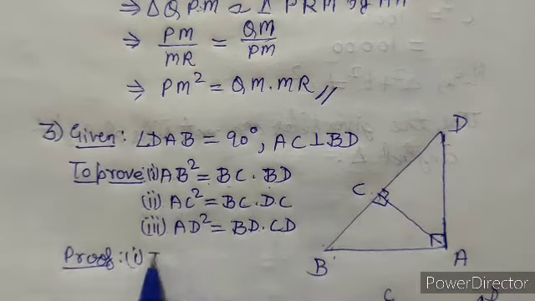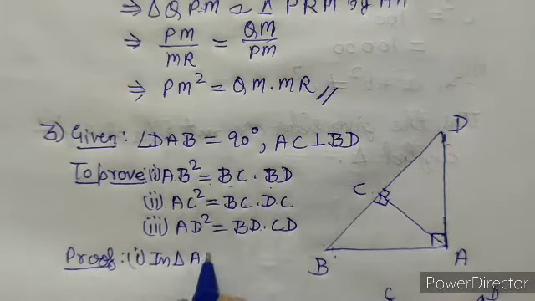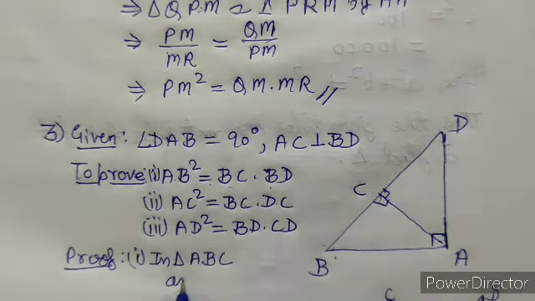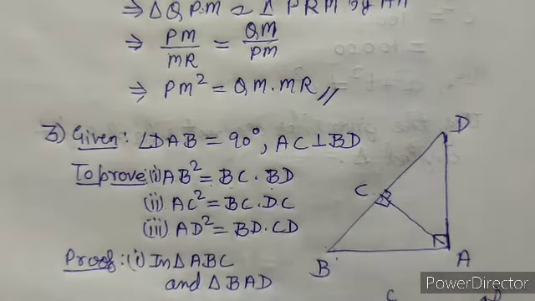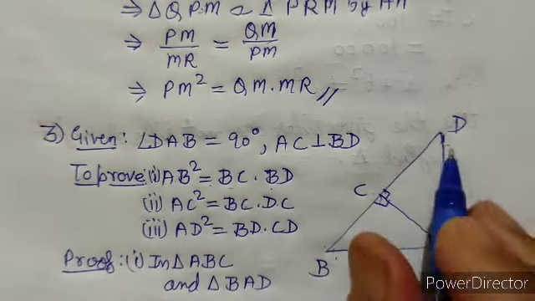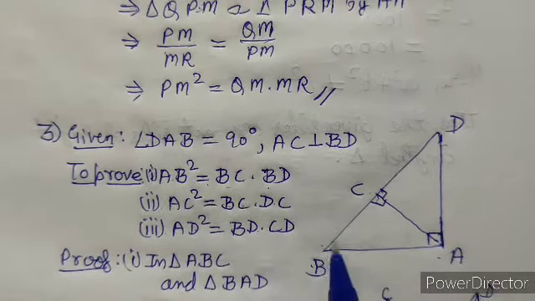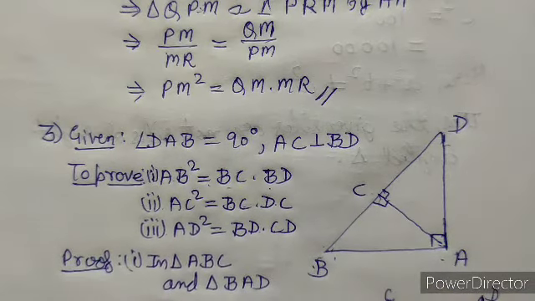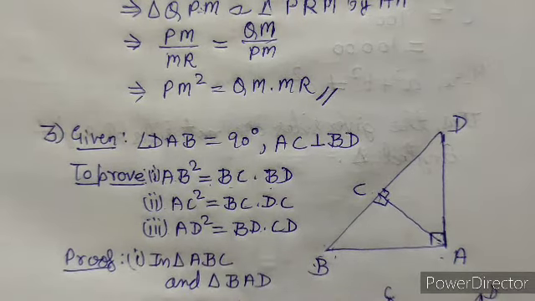So in triangle ABC and triangle BAD, angle ACB will be equal to angle DAB.